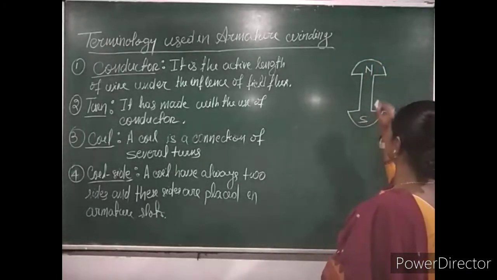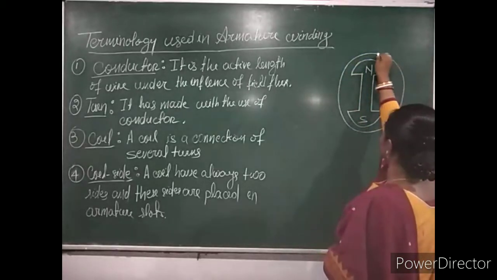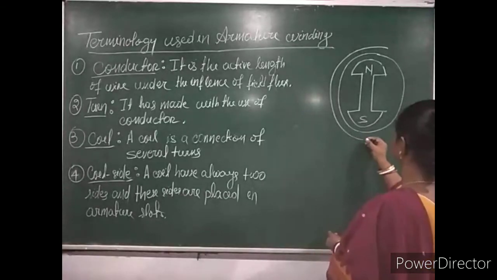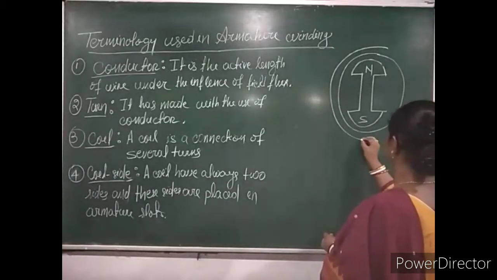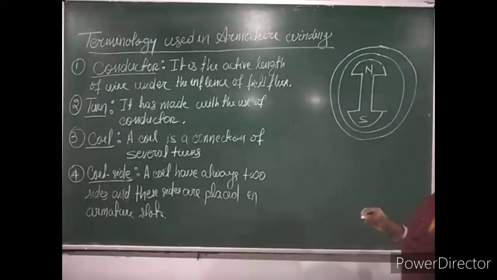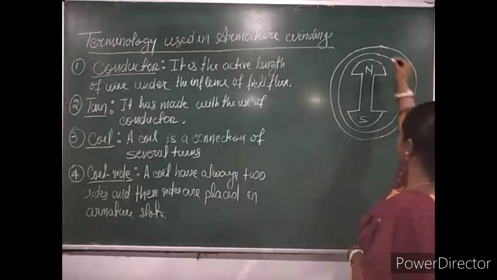This is the south pole. So where are the conductors placed? Actually, in a synchronous machine, for better efficiency and economy, the armature is placed on the stationary part. So conductors are placed here.